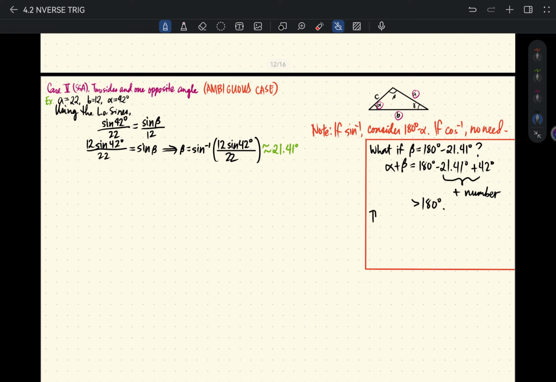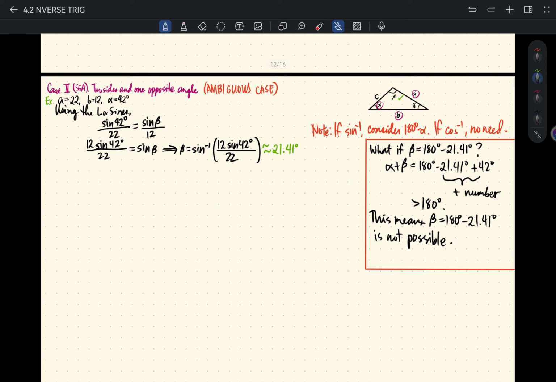So this means beta equals 180 degrees minus 21.41 degrees is not possible. And so let's proceed with obtaining the other values.